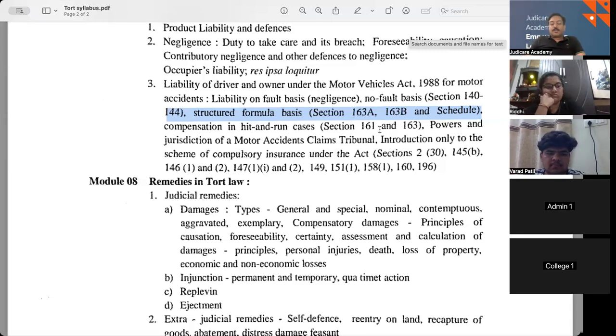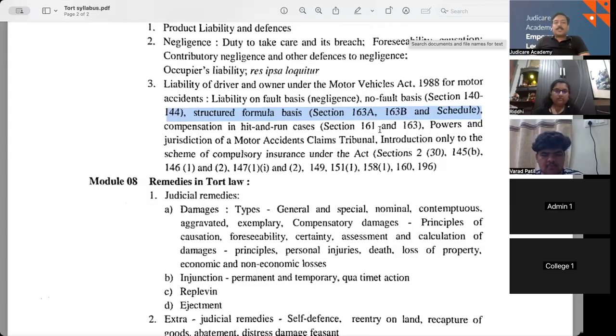On the merits of the claim, the structured formulas and compensation calculation formulas have to be quickly used, whether it is a with fault claim or a no fault claim, or a situation where there is a hit and run and the person is not identified.